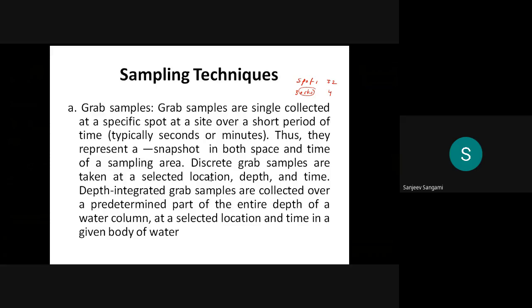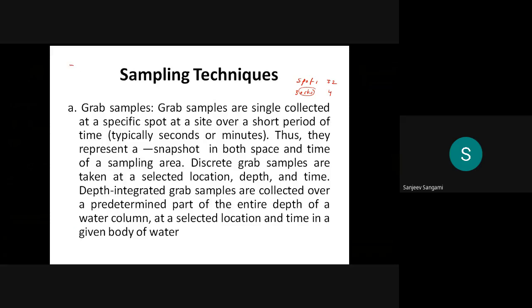So, grab sampling means collection of the samples at a single spot at a single time. If you take spot 1 as S1 and spot 2 as S2, assume we see it in this way.